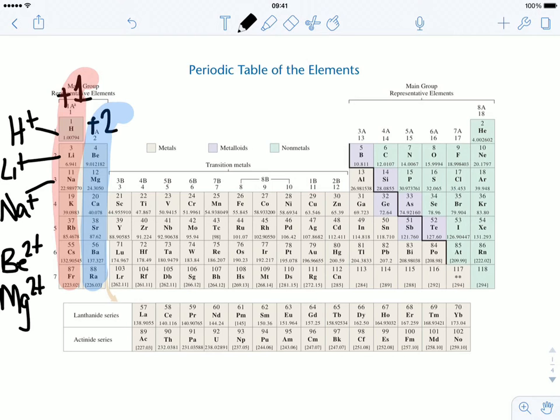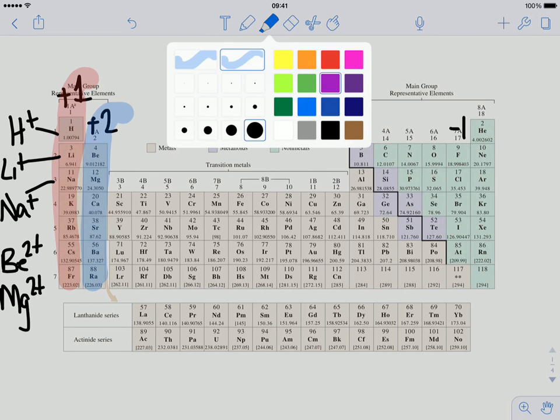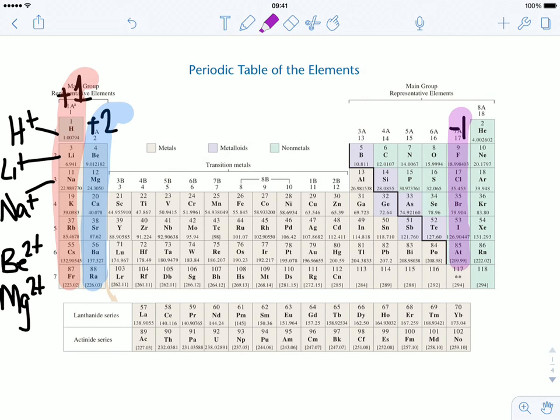Now, if we jump to the opposite side of the periodic table, this column right here always forms -1 ions. So all of these elements here will form -1 ions, meaning if we have F, the element F, the ion that fluorine forms is F-1. If we have chlorine, the ion that chlorine forms is Cl-, and so on and so forth.